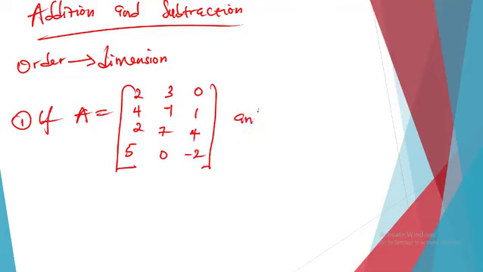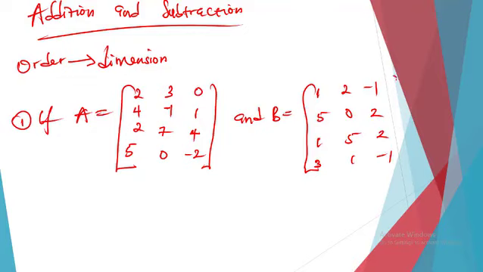And then B is equal to the matrix 1, 2, minus 1, then 5, 0, and 2, then 1, 5, and 2, and then 3, 1, minus 1. Given A and B, we're asked to find (i) A plus B, then (ii) A minus B. Let us use this to illustrate the addition and subtraction of matrices.